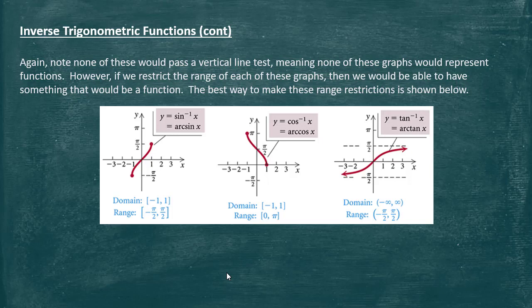And so if I look at what's happening here, notice it does give us a restricted range of possible values. So the range for each of these is what my answers are allowed to come back between. Now as far as the domain is concerned, for sine and cosine, I hope it's reasonable that if we think of the unit circle, the largest and smallest values I could get back from the unit circle were +1 or -1.